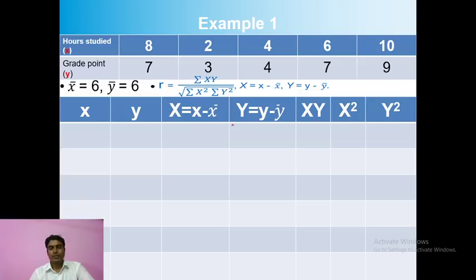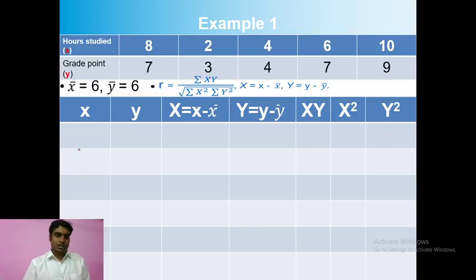Then capital Y is small y minus y bar. Then for the formula we require the sum of capital X times capital Y, so here we are multiplying X and Y. After that we will find the sum of this column, and the sum of X square is also required, so we will find the sum of all the elements of this column here, and the next one here.